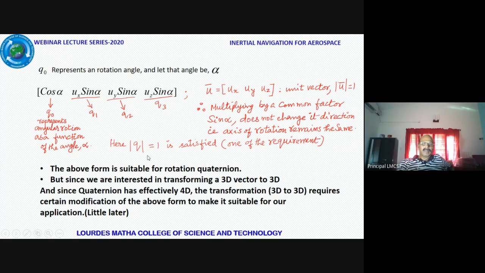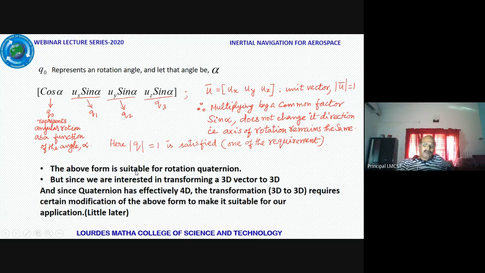You will get the magnitude equal to 1. So this form seems to be all right for my representation of quaternion, because the norm condition is satisfied without affecting the axis of rotation. The direction is not changing. It should not be changed. Yes, it is not changed. With that, I am able to say that my quaternion magnitude is still 1. Yeah, one requirement is met.